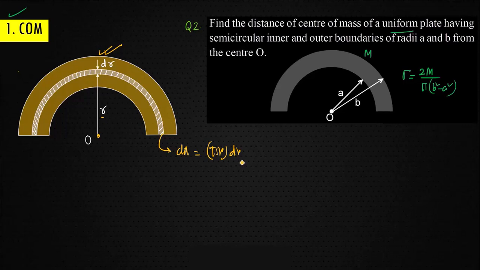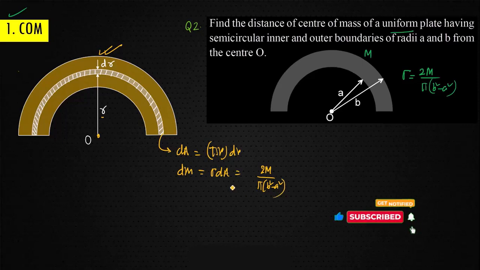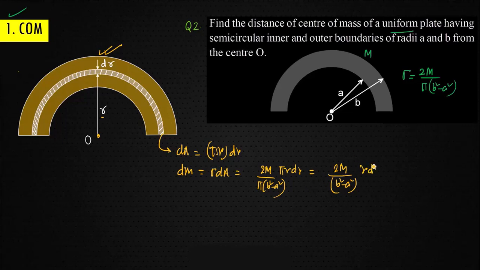Once I calculate dA, the next task is to calculate dm. So dm should be how much? Sigma into dA. Sigma is 2m divided by pi into b square minus a square, multiplied by pi into r dr. So pi cancels out, and it is 2m divided by b square minus a square, into r dr. That is our dm for this element.